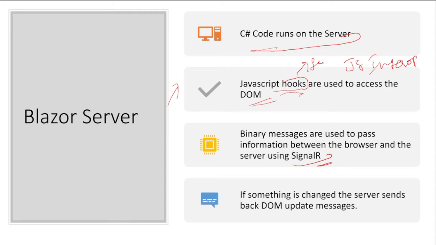It passes binary formatted information only. Suppose in our application I make some changes on the server side, they are automatically reflected on the browser side, and the DOM is also automatically updated.